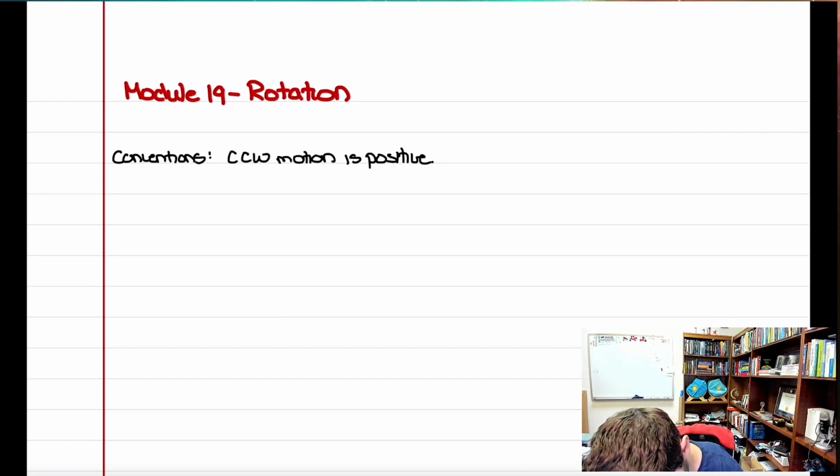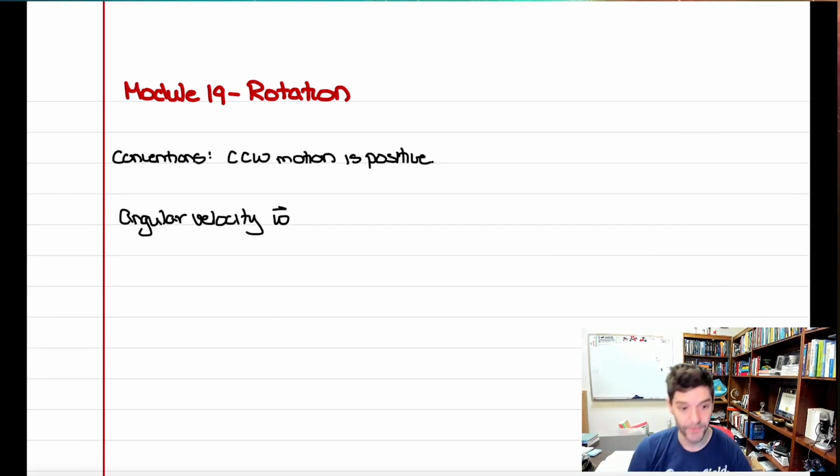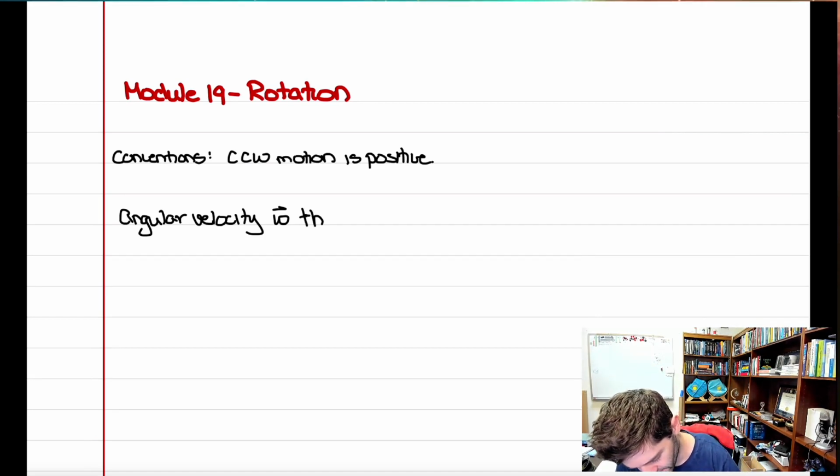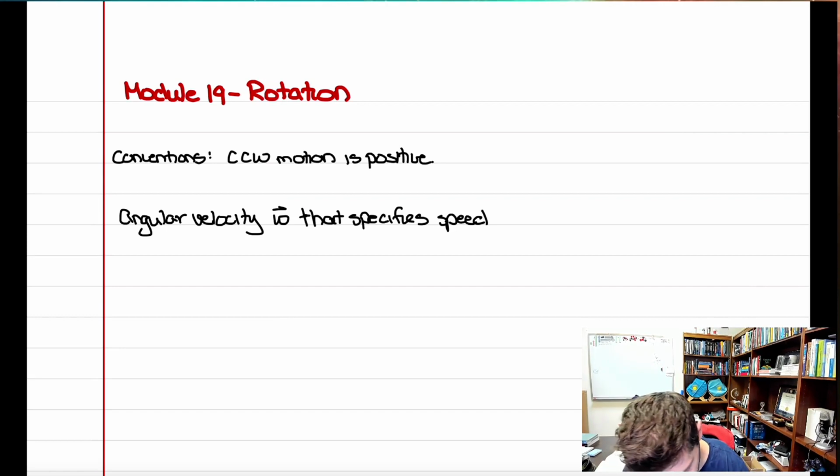So we can define an angular velocity, omega, which we will treat as a vector, that specifies speed and direction of rotation.